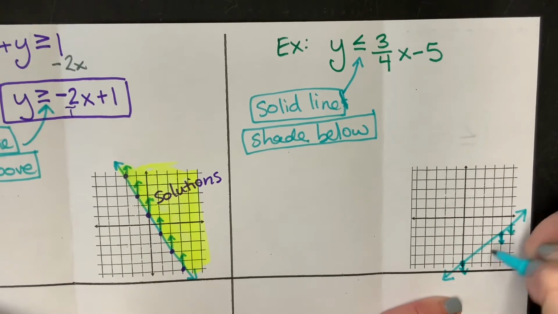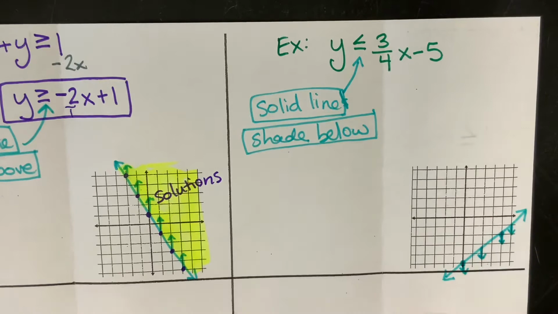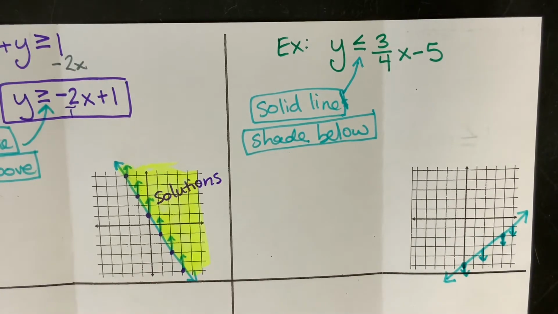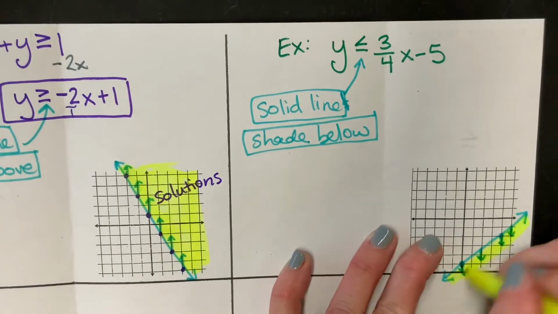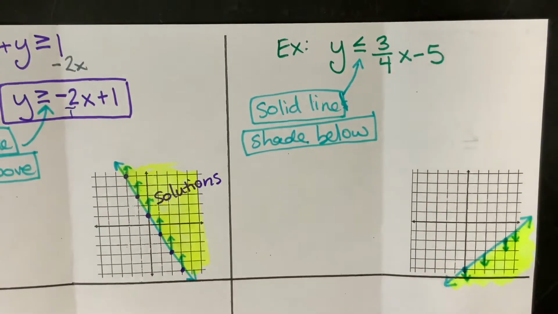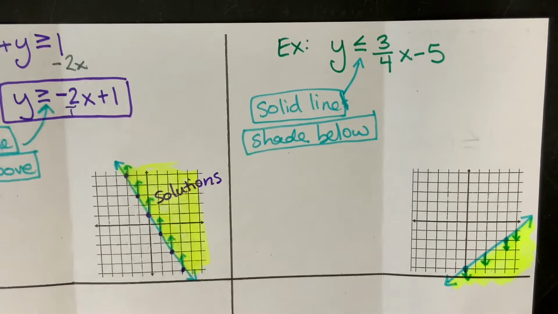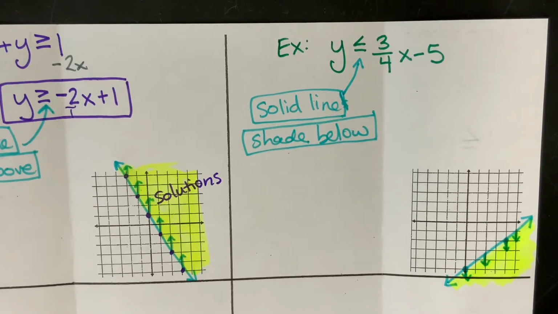You go to the line itself and then either shade up or down on those vertical lines. Since it's shading down, I'm going to shade the half plane below it. And these are the solutions.